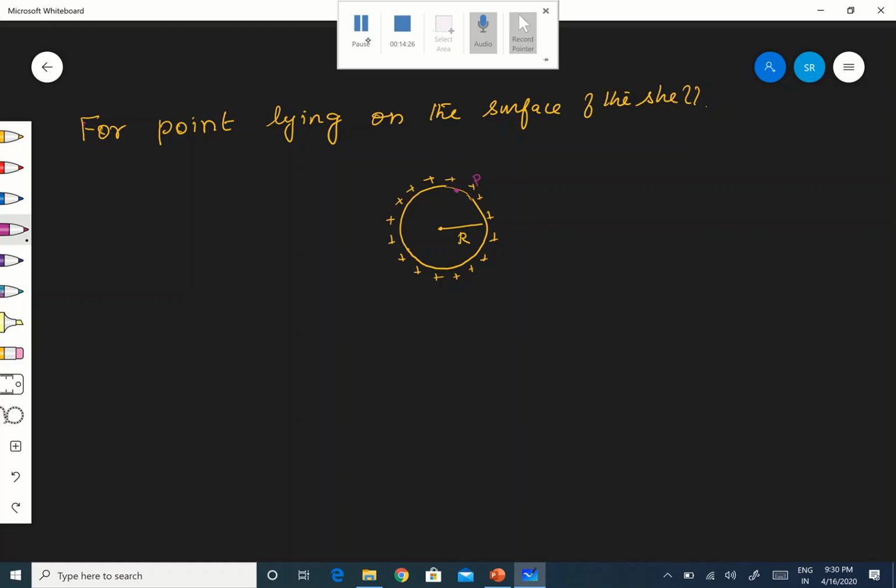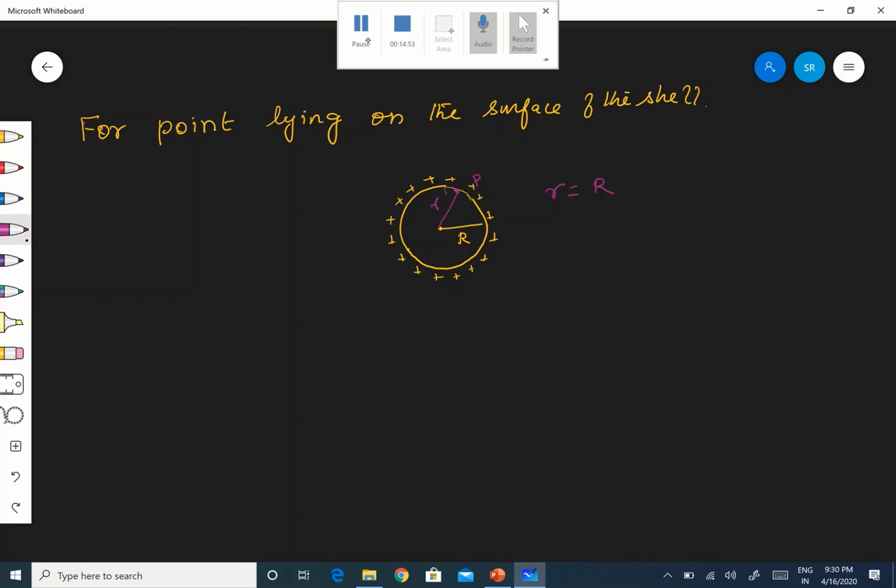The distance of the point is r, here r is equal to R. In the previous case, r was more than capital R, where R is the radius of the shell. Now there is no need to draw a separate Gaussian surface here, because the shell itself is a Gaussian surface. Why? My point of interest is lying on the shell.